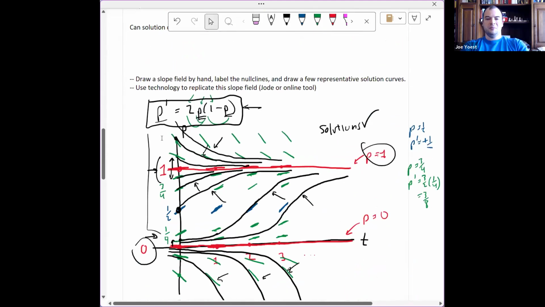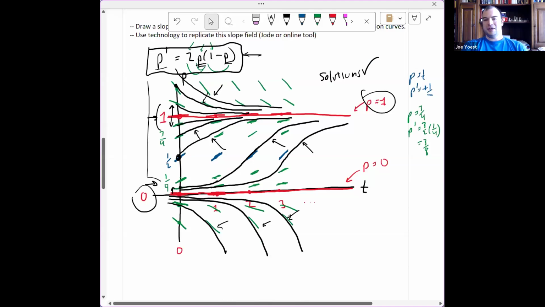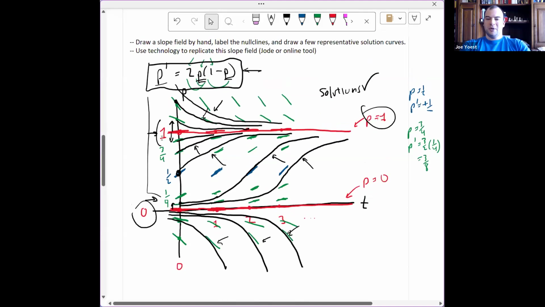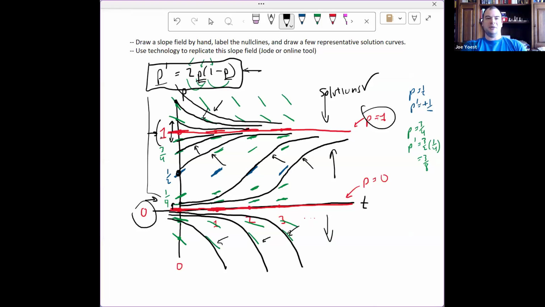We haven't gotten p prime equals a function of t anywhere, but we have a pretty good idea of what the solution looks like and how it behaves. There are equilibrium solutions. I'm tending to head towards 1 and away from 0, things like that. I can get a lot of understanding about a differential equation by looking at the direction field.